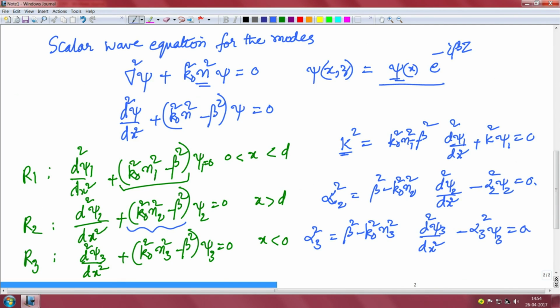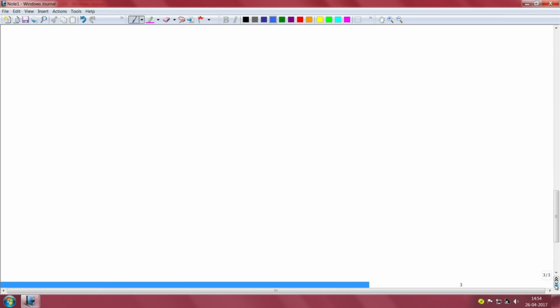Let us now choose the solutions based on the arguments that we have just now discussed, that the guided mode fields need to be oscillating in the guiding region and decaying in the substrate and cover regions.